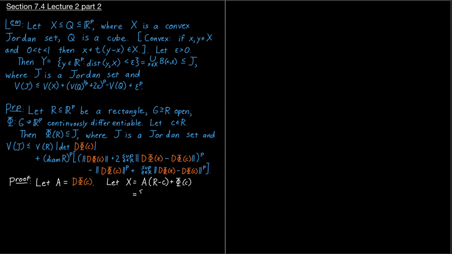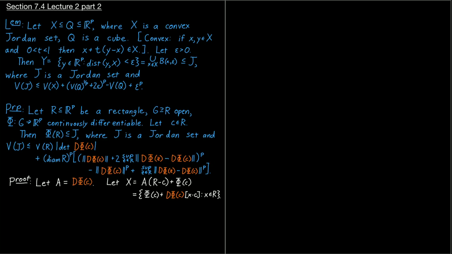This is the set of all points phi of c plus d phi of c applied to (x minus c) for all x in R. I'll go back to calling it d phi of c for a moment because I think that will be helpful.